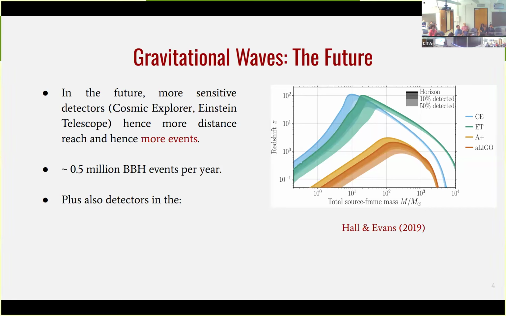That's because this does not take into account the underlying rate of those sources. It might be that 1,000 solar mass black holes are just never born in the universe. But if there were, we could maybe detect them up to a redshift of 0.1.